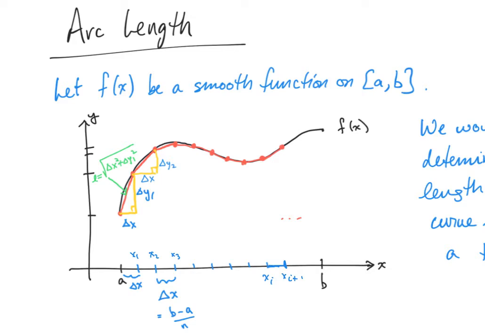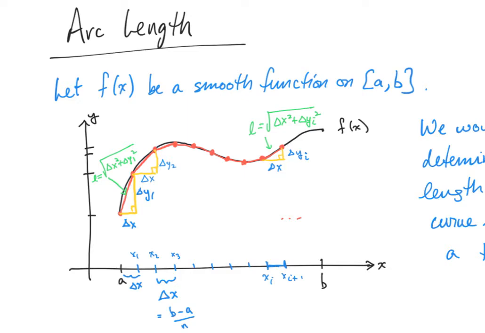And if I look up above that, I get this line segment, and it has a certain length, which can be determined. Well, this is still delta x. I might call this delta y sub i. And so the length in general of the ith little line segment is going to be the square root of delta x squared plus delta y sub i squared.